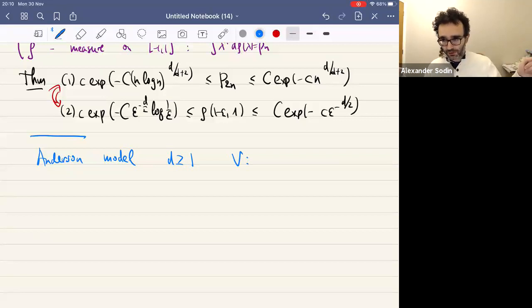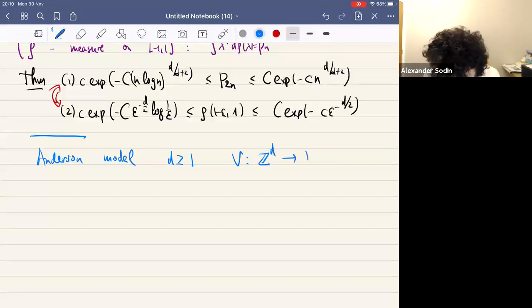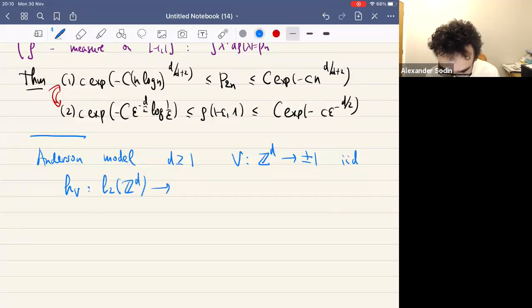To each site we associate a random plus or minus 1, plus with probability 1/2 and minus with probability 1/2, independently. So to each realization of this field, we associate a random operator acting on the lattice, which acts as follows.